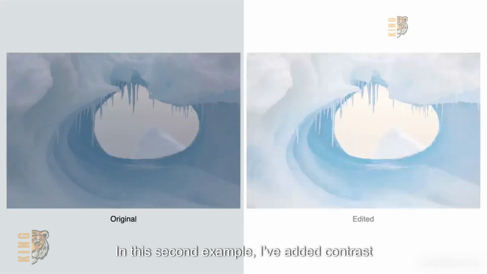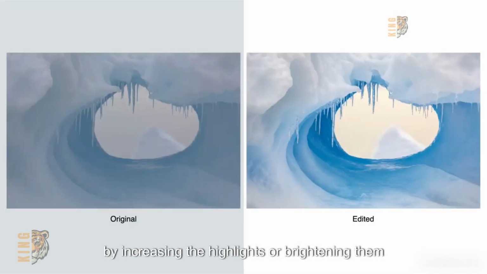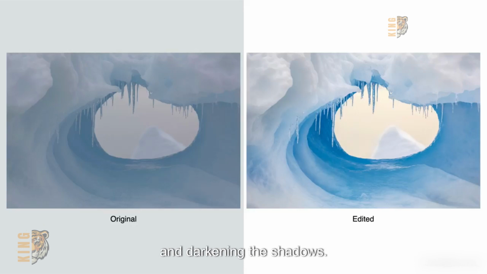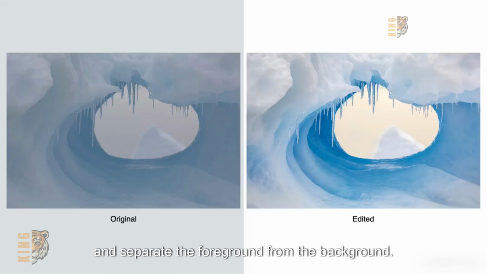In this second example, I've added contrast by increasing the highlights or brightening them and darkening the shadows. I've also adjusted the colors, making the yellow in the background a little bit more vibrant, as well as the blue in the foreground. And this is going to help to add a little bit of color contrast and separate the foreground from the background.